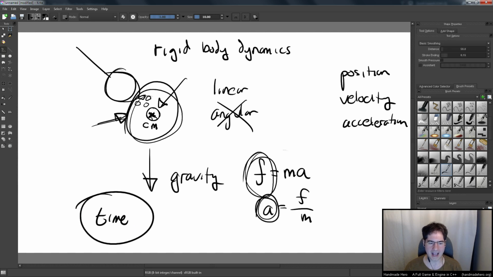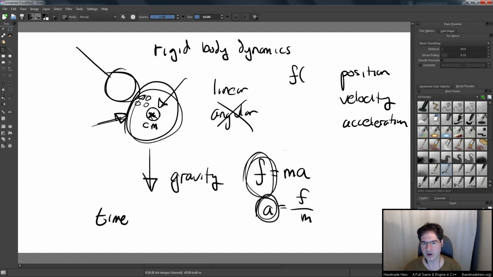Physics is all about what happens to things over time, and so when we talk about doing rigid body dynamics or physics, we're talking about looking at this hierarchy of information about one of these objects that we're moving around. We're talking about looking at how these three quantities change over time, and these three quantities are all related.